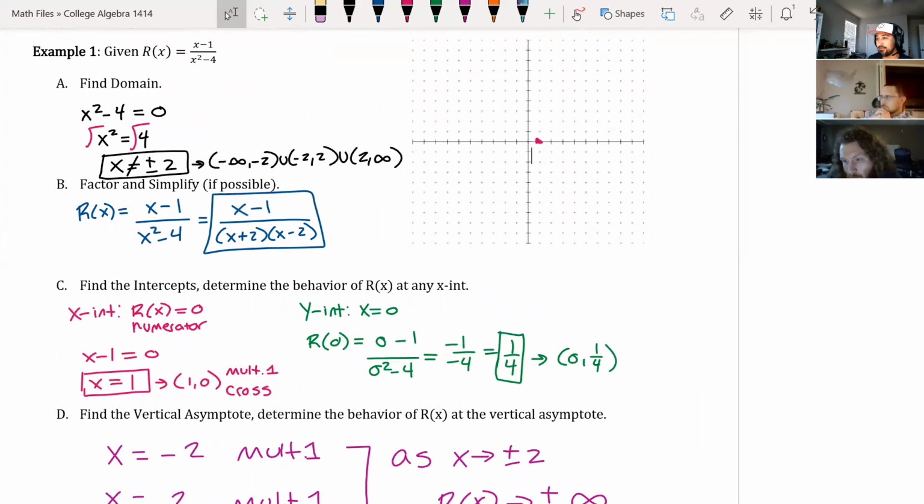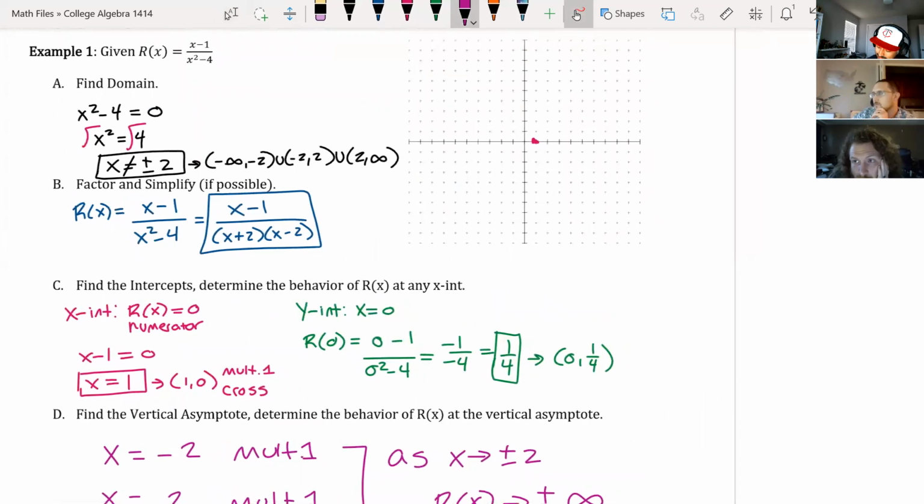Vertical or horizontal? Horizontal. So it would look something like this. Which means, does that x-intercept intersect the horizontal asymptote? Well, if it's on it, then it definitely intersects it. There you go.